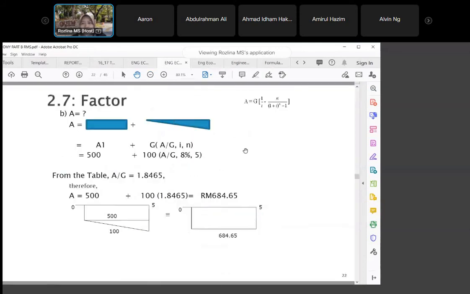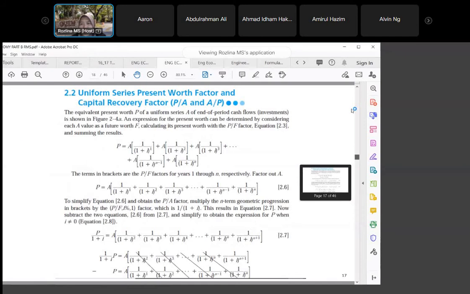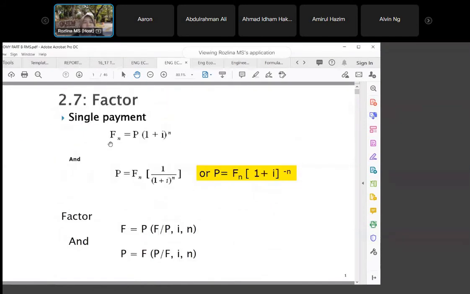Okay. Now we go to this part. Continue with this part. Okay, single payment. This is the formula that maybe you want to use, or maybe you want to only use the table. If you want to use the formula, Fn equal to P, the present value. This is only for F and P. You want to find out what is the F, the future value, and you have been given the P value, the present value.